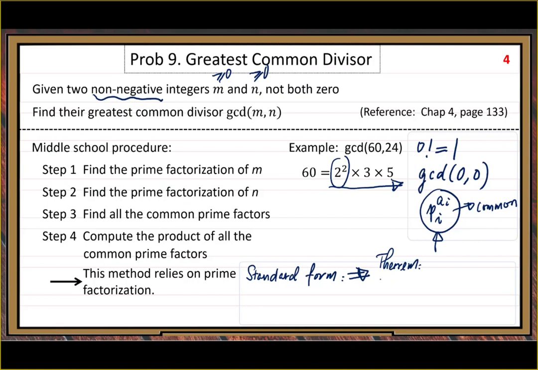Unique, yeah. In number theory, this is one of the fundamental theorems. Many other important theorems can be proved by this one. So now you can see how important it is. Unique prime factorization theorem.